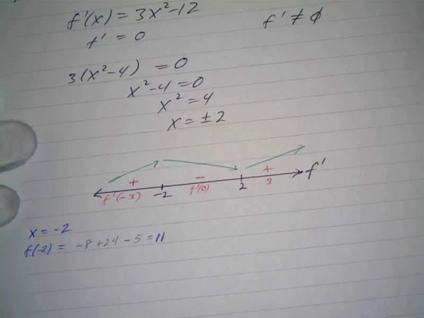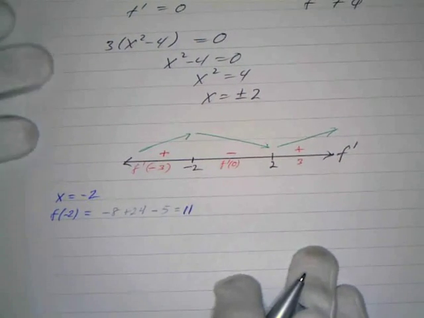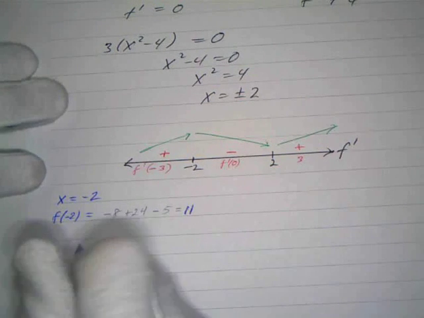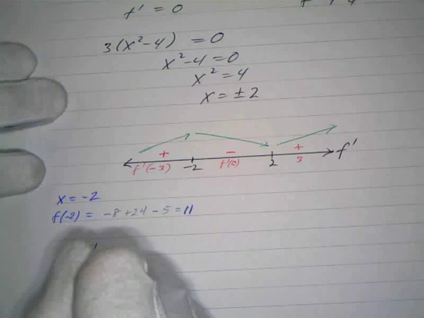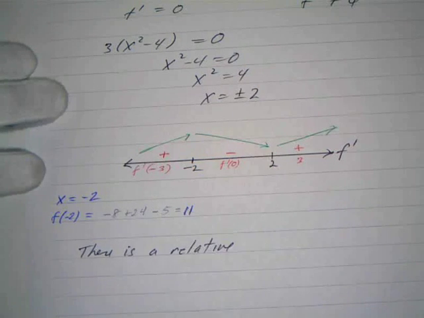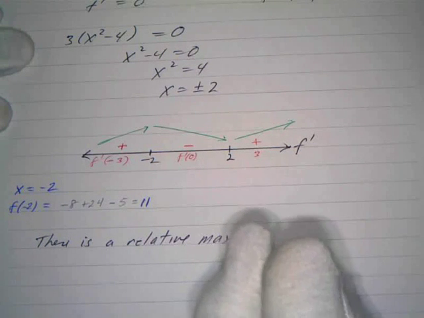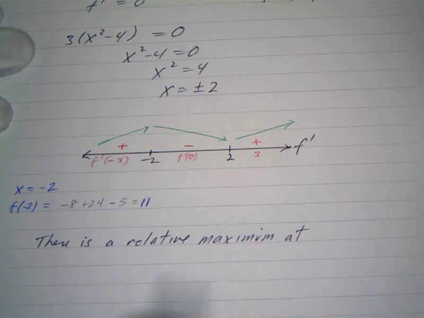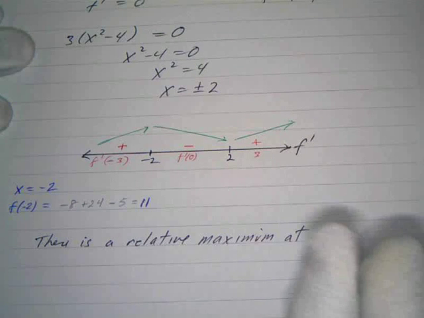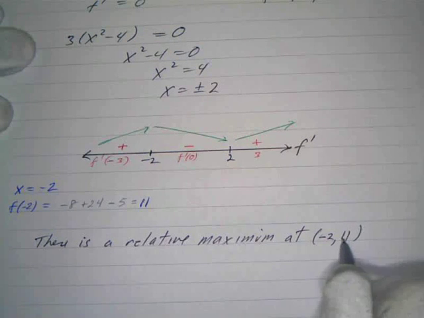And this is what's happening, so we have to kind of write it out, and this is definitely a statement that you have to write out. So we can say there is a relative maximum at, and sometimes we just want the x, at x equals -2, but here we actually want the actual value, so this would be at the point (-2, 11), and this would actually be the maximum value, and this would be where it happens.